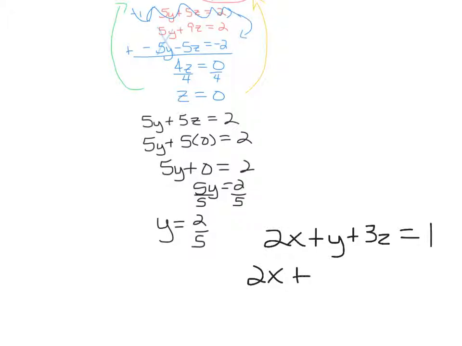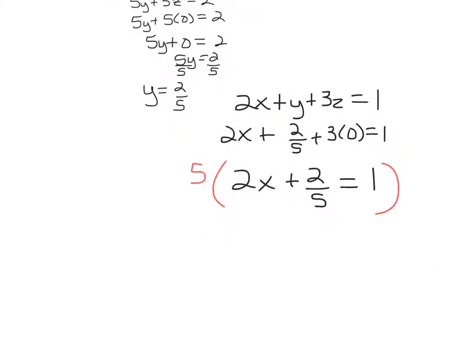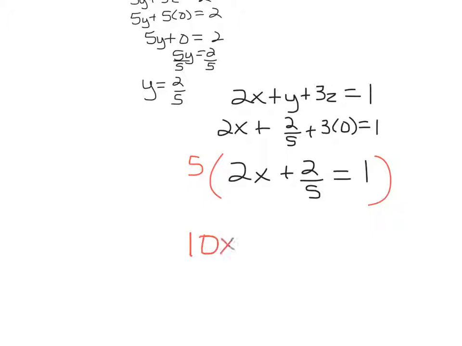I'm solving for x, so 2x plus 2/5 plus 3 times 0 equals 1. I could work with the 2/5 if you'd like. I'm going to clear the fraction. I'm going to multiply everything by 5. So this will become 10x plus 2 equals 5. Subtract the 2.